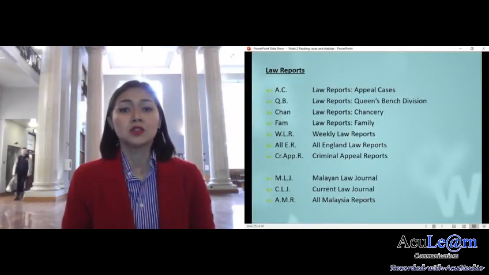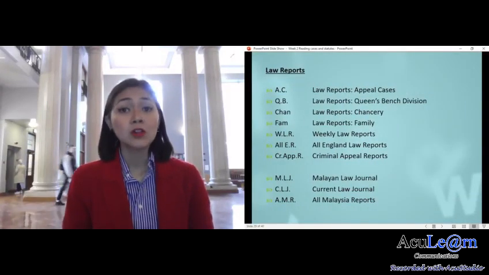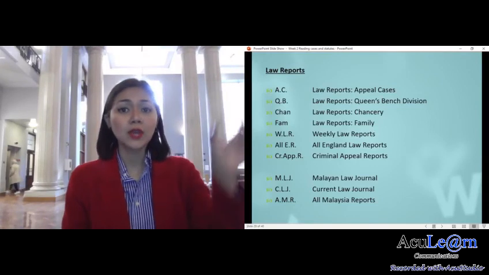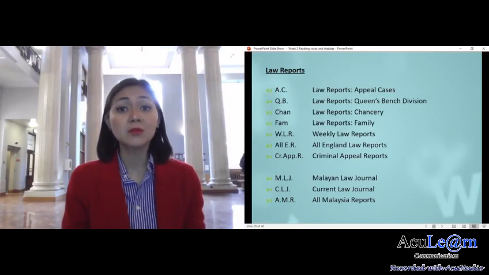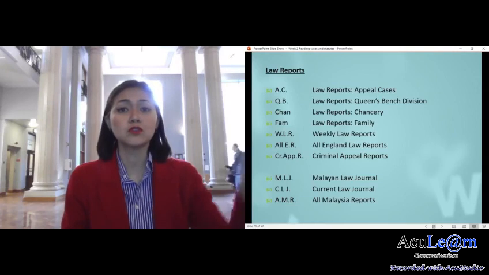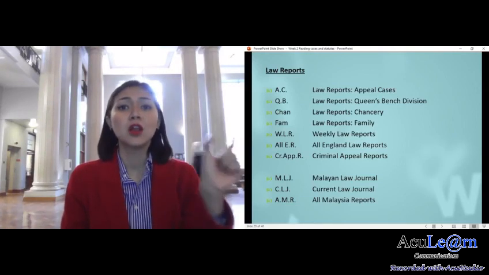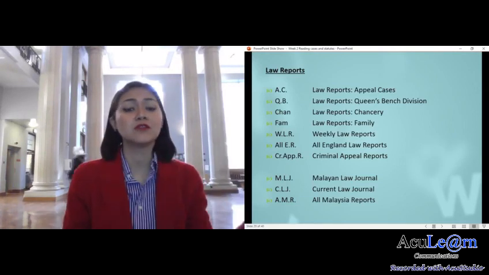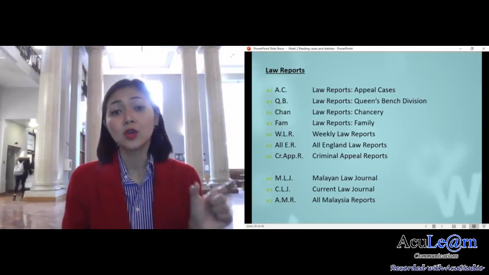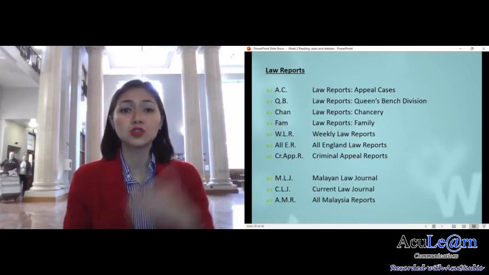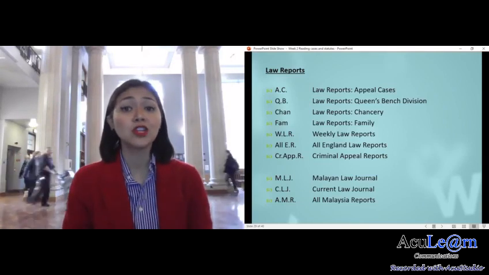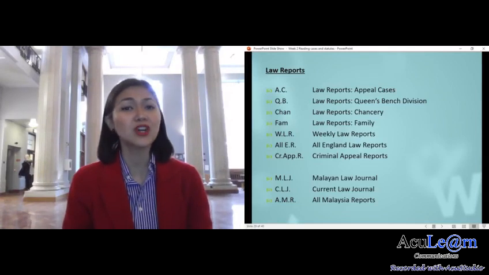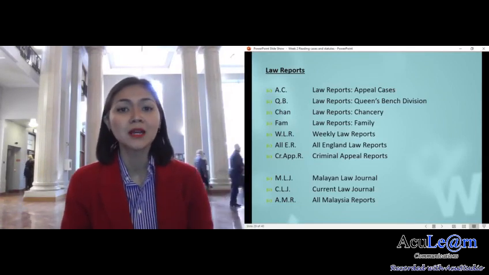When you see all the law reports, you can usually use the abbreviation of the law report. If you see AC, it stands for Law Reports Appeal Cases. If you see MLJ, then you know that it's actually Malayan Law Journal. These are the law reports that you need to familiarize yourself with. Not necessary to remember it, but at least you know what it stands for.